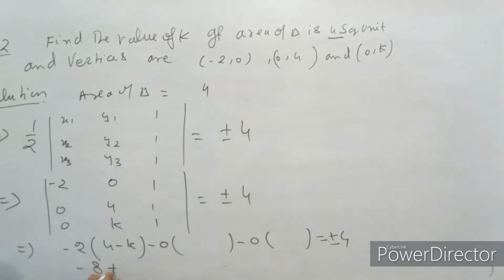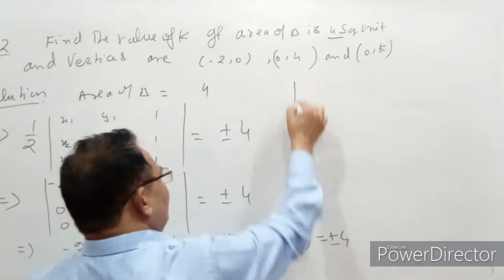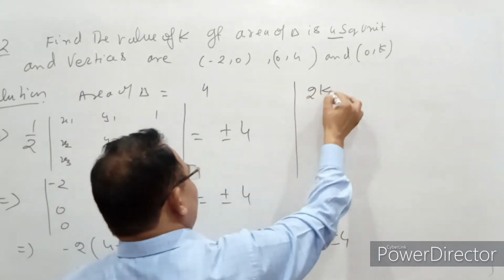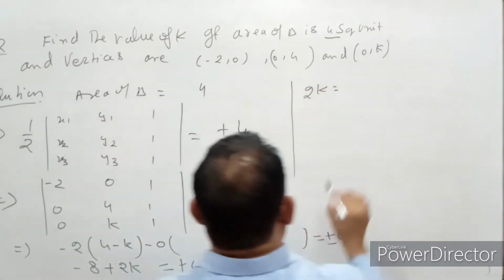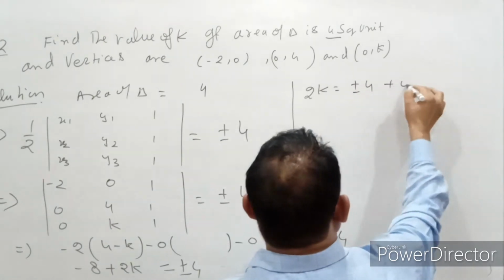That is -8 plus 2k is equal to plus or minus 4, so 2k is equal to plus or minus 4 plus 8.